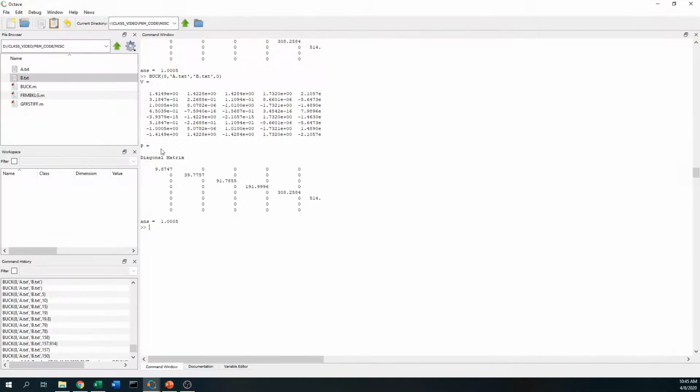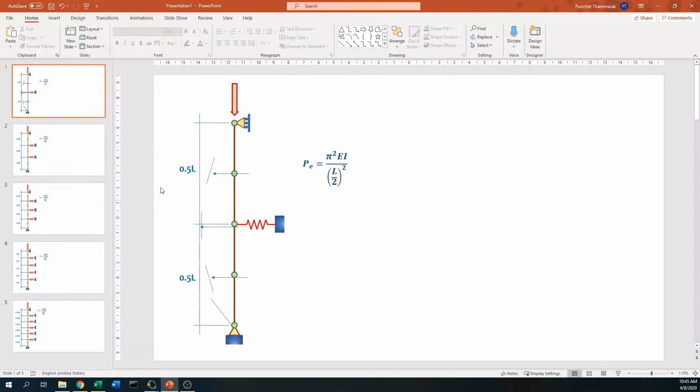And the last one, the displacement is not showing up here because we restrain it. Okay, it is 0, and then the rotation is 1.14, which is identical to this top part here. And that is the case. So this is the case where you have the first buckling mode. Okay, this is your eigenvector.